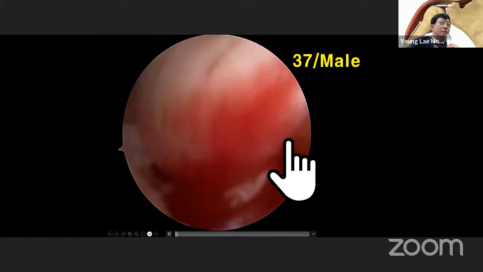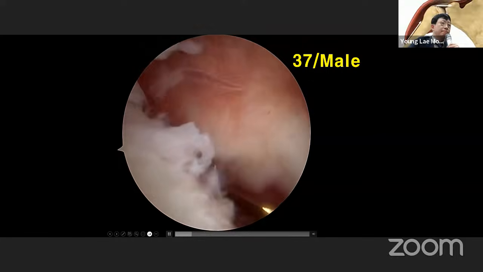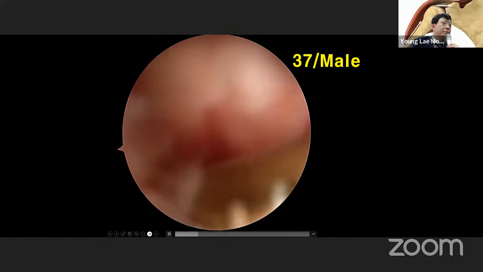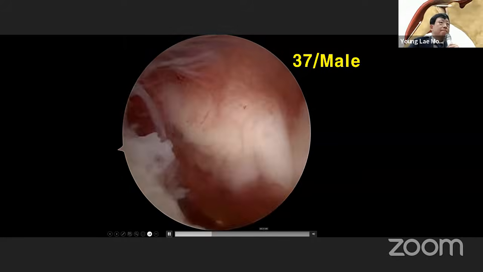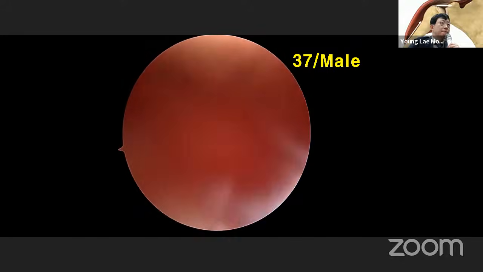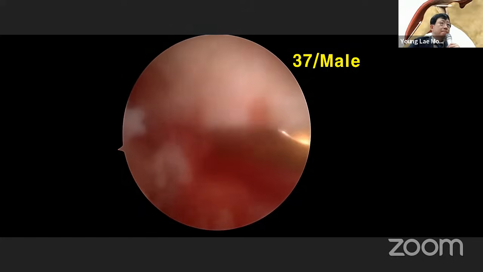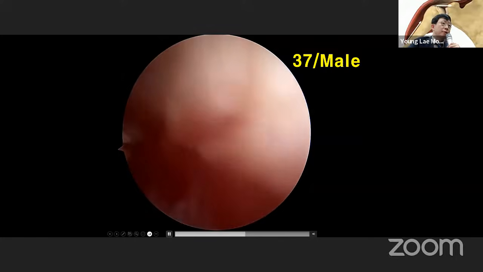This is a 37-year-old male. It's bleeding because of the fracture. Now you can see the bone. Yes, this is a fracture, a top fracture.